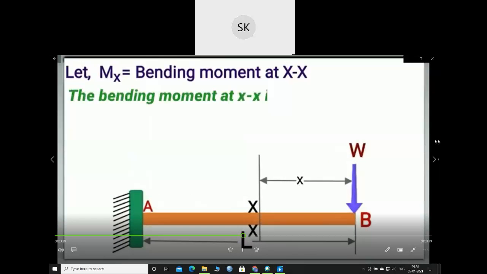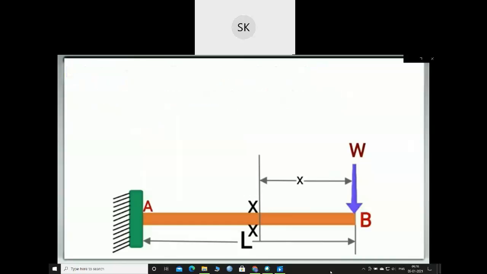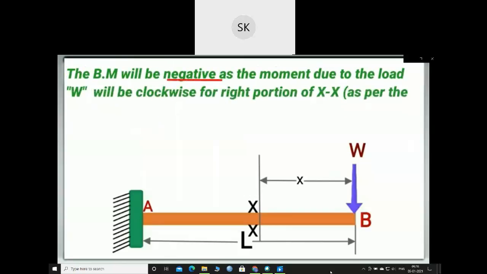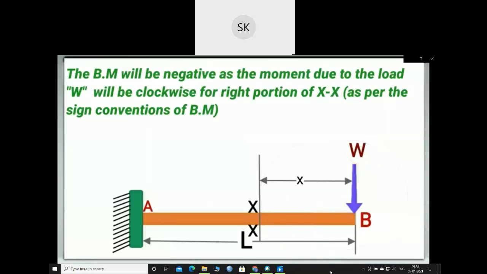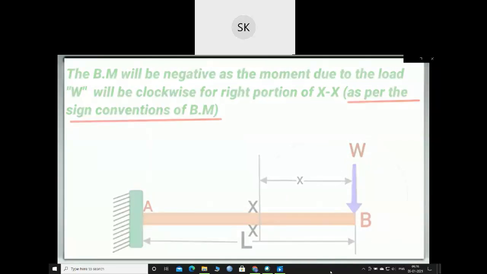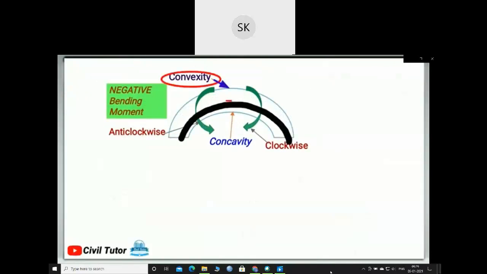The bending moment at XX will be given by Mx equal to minus this point load W times the distance x from section XX to this point load W. The bending moment will be negative as the moment due to load W will be clockwise for the right portion of this section XX, as per the sign convention of bending moment, according to which the beam will bend in a way that convexity will be at the top.